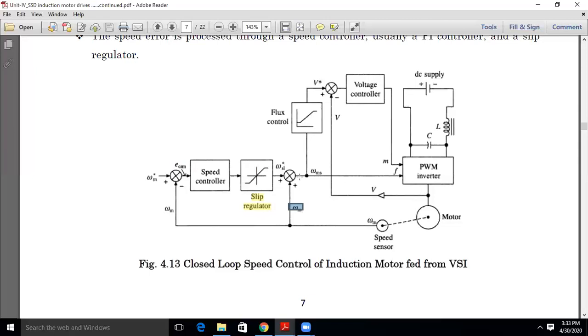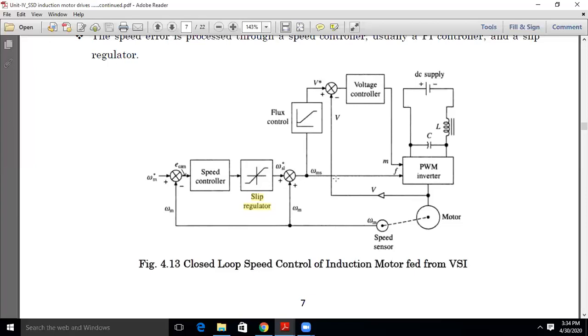It is set here as omega s. Now whatever the omega s is, it is a function of frequency, so that the proportional frequency is adjusted.